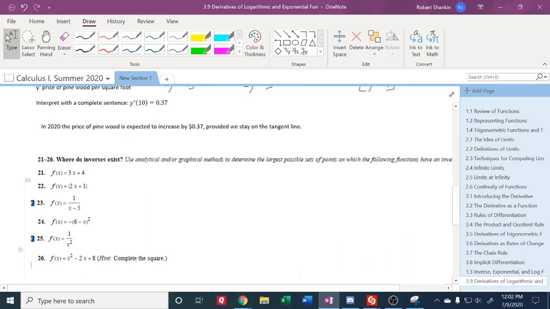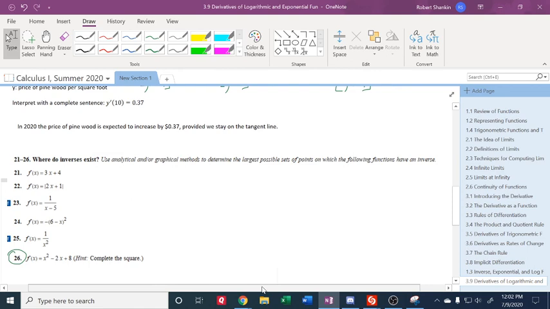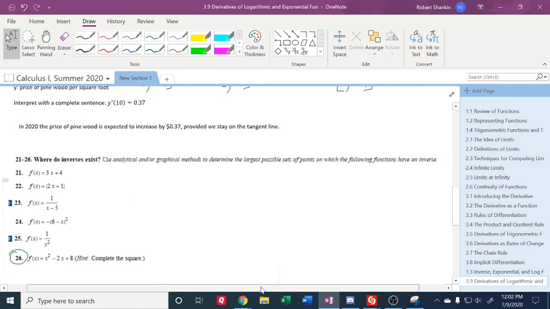So here on 26, where does the inverse exist? Use analytical and graphical methods to determine the largest possible set of points on which the following functions have an inverse.